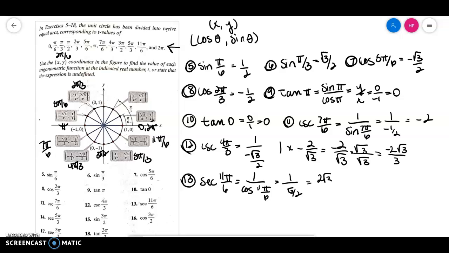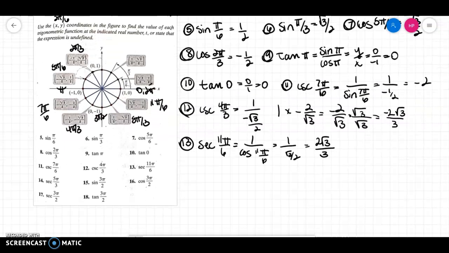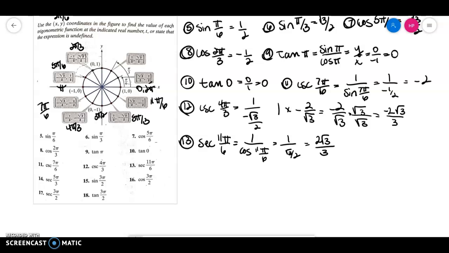So it's going to be 2 square root of 3 over 3 if I do the exact same work I had there at number 12. 14 is another secant. So the secant at 5 pi over 3, 1 over the cosine is 1 over 1/2, which again, multiplied by the reciprocal would be 1 times 2 over 1, which is just my 2.